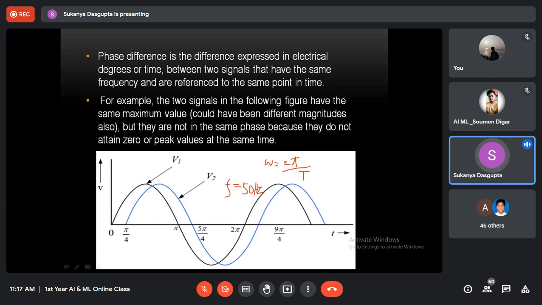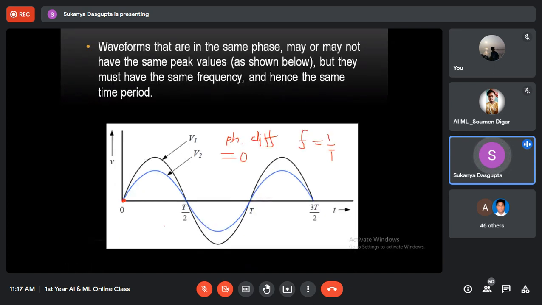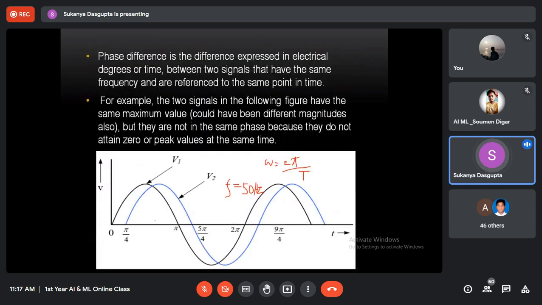Also, they are not attaining their peaks at the same instant, just like the previous signal. That means there is a phase difference. What is the value of the phase difference? This difference, pi by 4 minus 0. That means V1 is ahead of V2 by pi by 4, or V2 is lagging the first one by pi by 4.